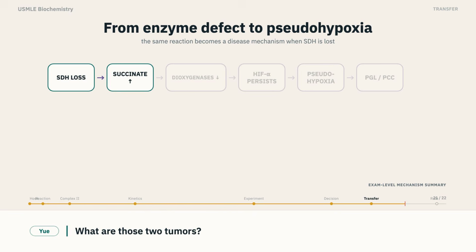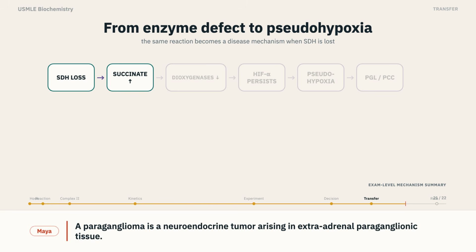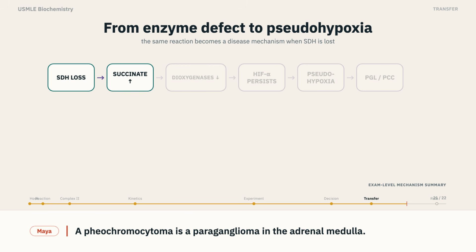What are those tumors? A paraganglioma is a neuroendocrine tumor arising in extra-adrenal paraganglionic tissue. A pheochromocytoma is a paraganglioma in the adrenal medulla. Their relationship to SDH begins with the same reaction we started with.